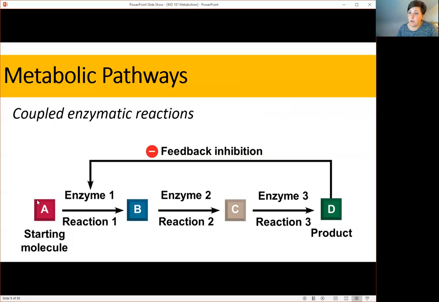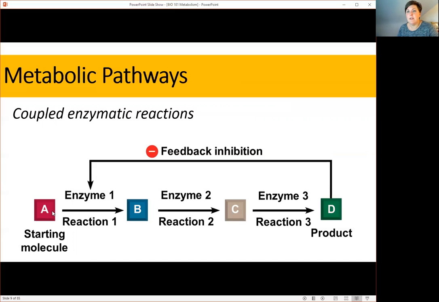Imagine that the overall goal of a certain metabolic pathway is to convert molecule A into molecule D. This involves a series of 3 changes, 1, 2, 3. And these changes might be like 3 bonds being broken or 3 bonds being created, whatever it is.